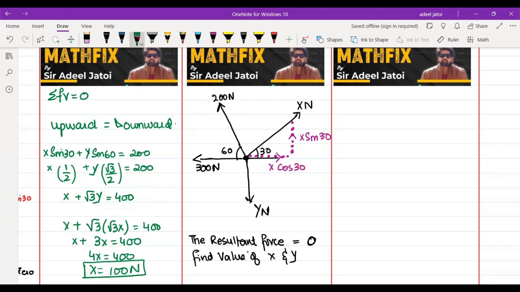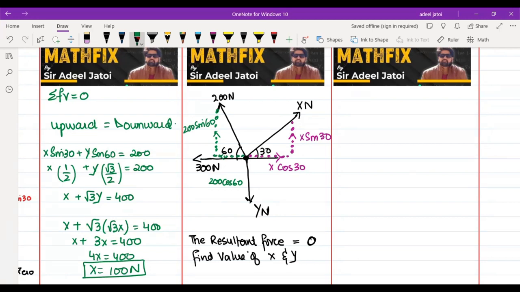On the left hand side, if you see, there are two forces acting towards left and up. So this should be 200 cos 60 and 200 sin 60. There's a 300 as well, which is a force applied towards the left hand side, but that is to be treated very differently.